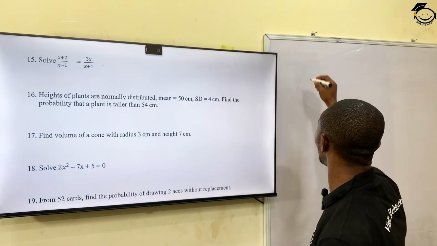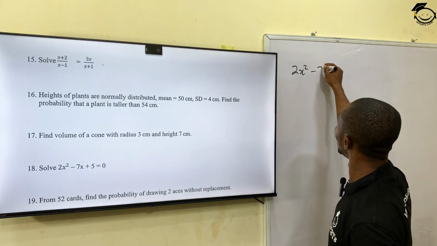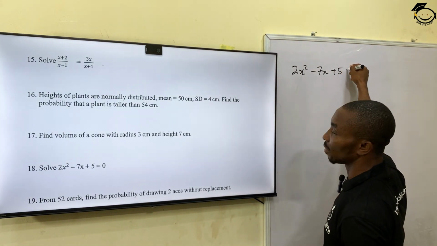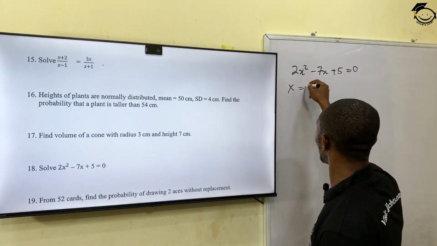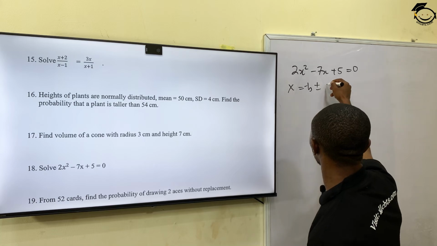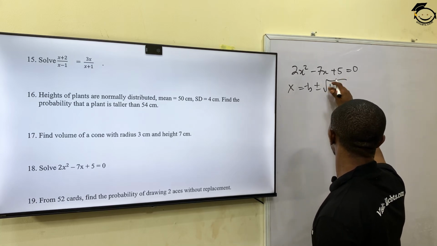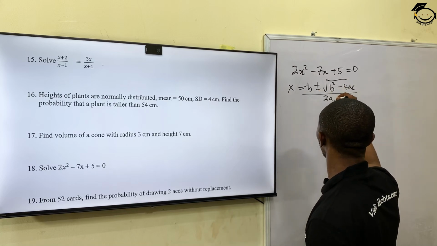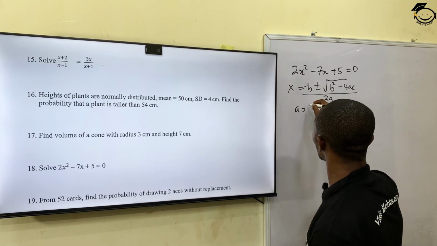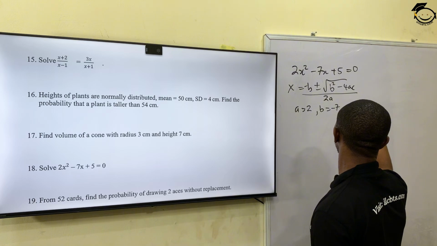Solve 2x squared minus 7x plus 5 equals 0. Now, we'll be using our quadratic formula, which says x equals minus b plus minus root b squared minus 4ac all over 2a, where our a is 2, b is minus 7, and c is 5.